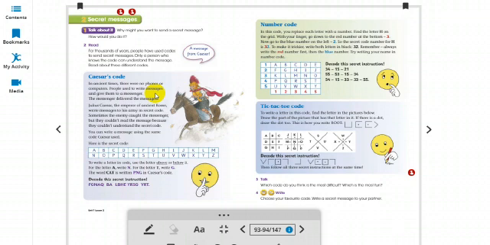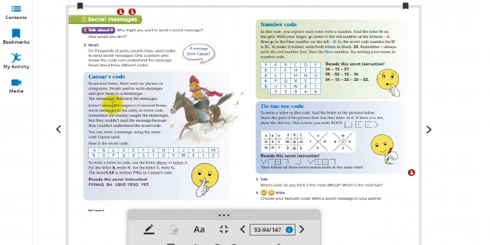Now John wants to send a secret message to Sia. So I will act as a messenger. What would I do? I will take the message from John, and I will pass on John's message to whom? To Sia. So in this way, people used to send messages, codes.